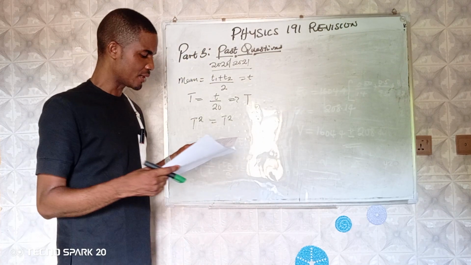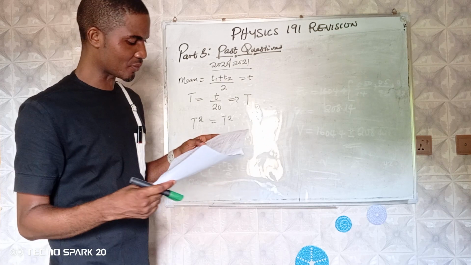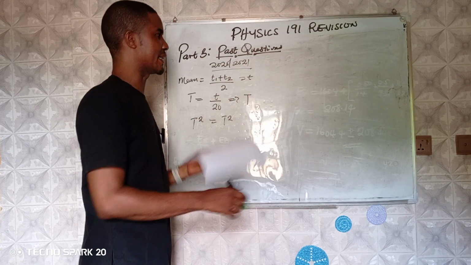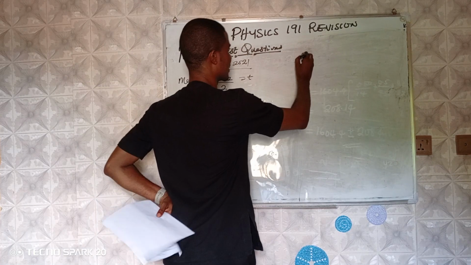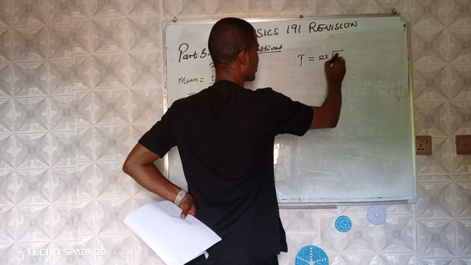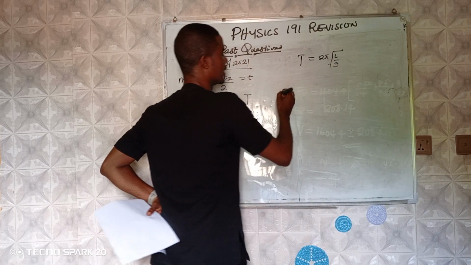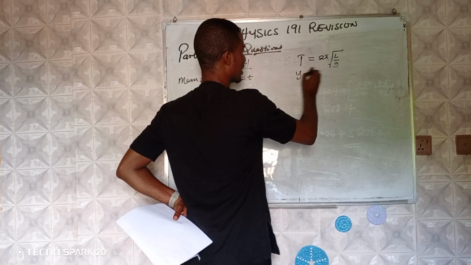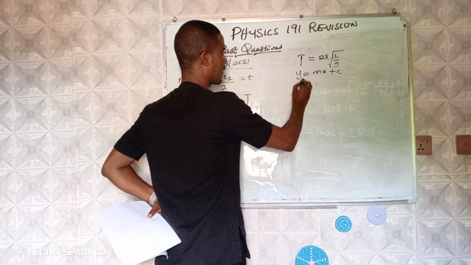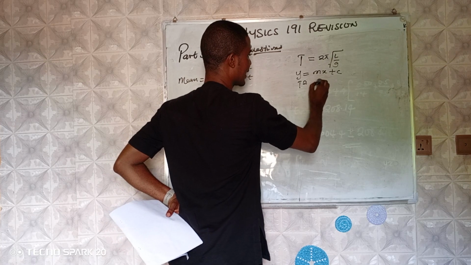Question B says, plot a graph of T squared on the vertical axis and L on the horizontal axis, a graph of T squared against L. Let us linearize. T is equal to 2 pi root of L over g.